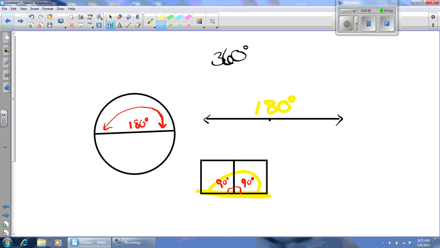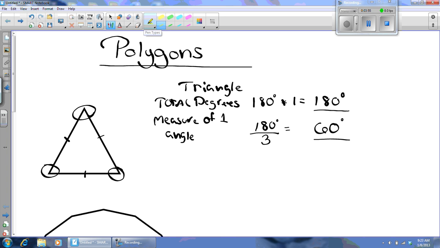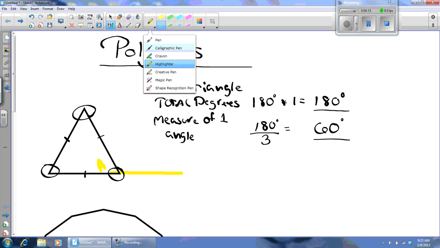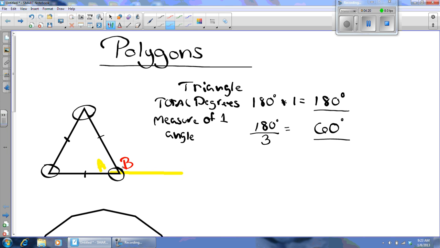Okay, now why is that important? Well, watch this. This is the interior angle. It's on the inside of the triangle. I'll call it A. Okay, I can figure out the measure of the exterior angle. If I extend this segment here, for some reason I'm stuck in highlighter mode. There we go. I can figure out the measure of angle B. Yeah, I sure can.